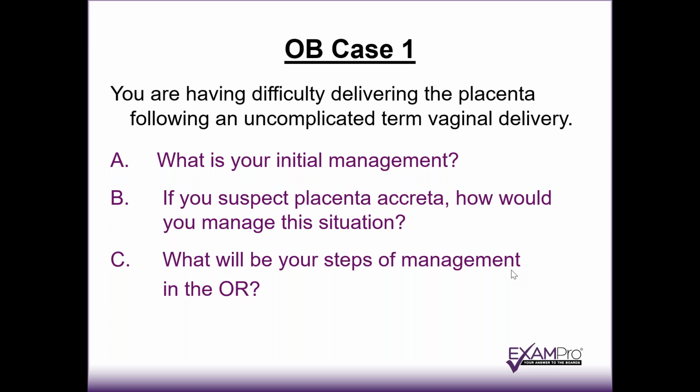If she really desired maintaining her uterus and she was stable, I may put an intrauterine balloon in, maybe to help compress and stop the bleeding if that were present.